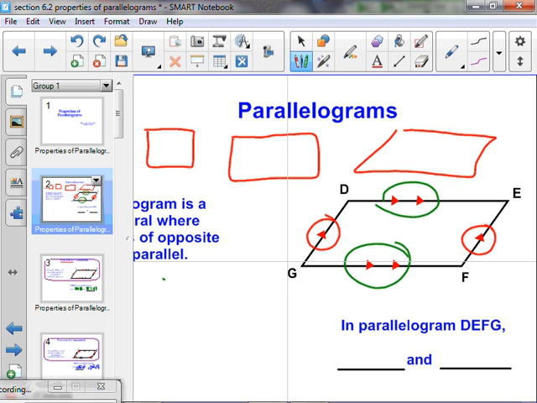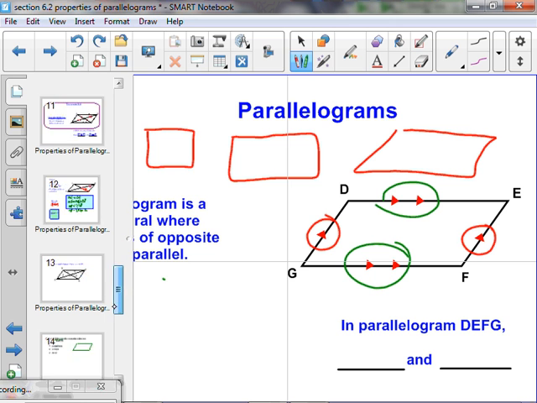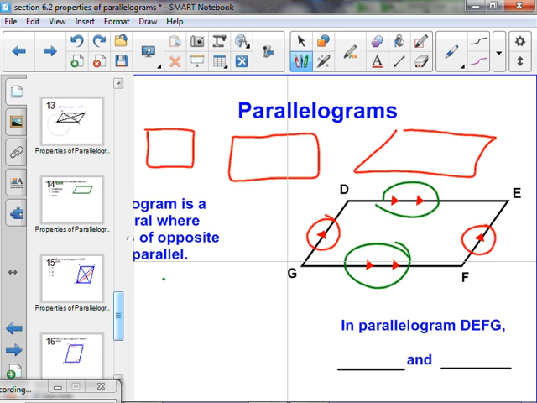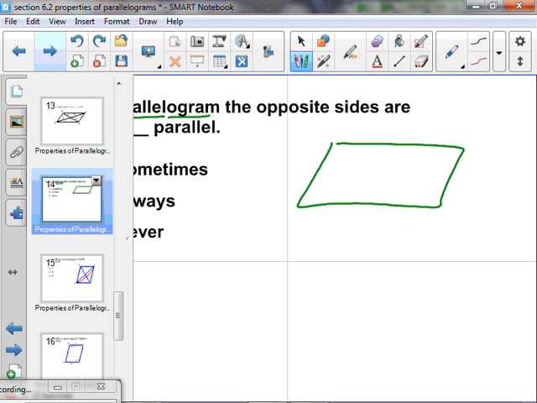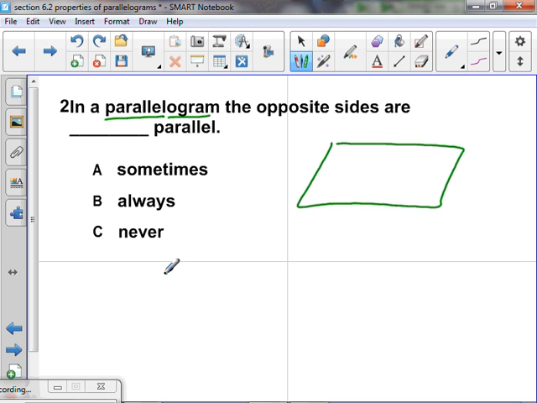It doesn't leave any wiggle room. So we go back here, and it says a parallelogram is a shape where opposite sides have to be always parallel. That is the only requirement that you need for a parallelogram, in fact.